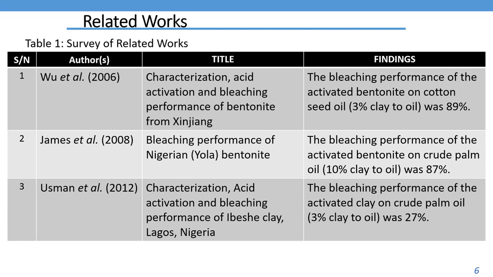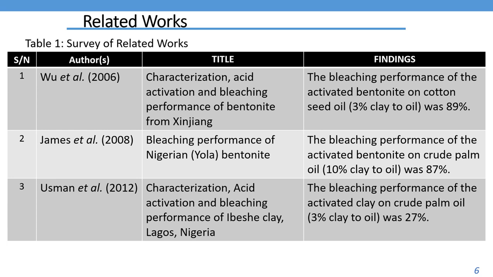Related works. Wu et al. 2006 did work titled Characterization, Acid Activation, and Bleaching Performance of Bentonite from Zhejiang, and they found out that the bleaching performance of activated bentonite on cottonseed oil was 89%.